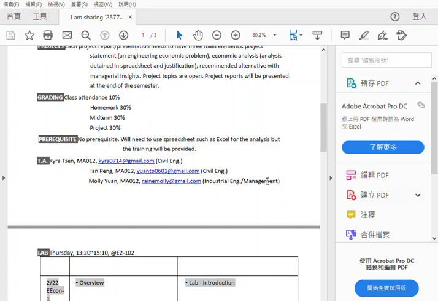Both of them will be helping more with the civil and construction engineering students. And Dr. Snow and Molly, a 1st year graduate student, will be helping out with the industrial engineering and industrial management department students. So for classes, you can probably focus on your corresponding teaching assistant. For the lab, they will all join to help.